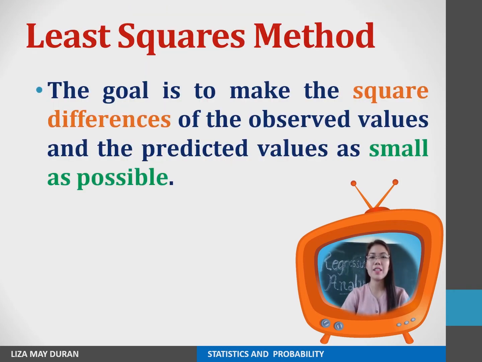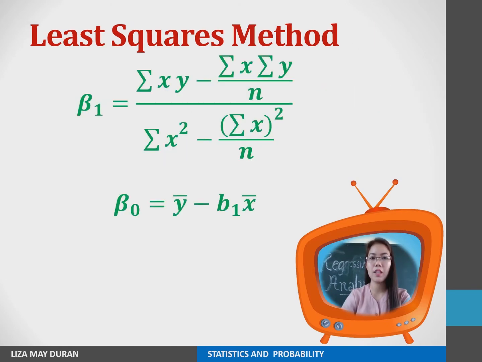To estimate the regression or simple regression line, we are going to use the least squares method. The goal for this method is to make the square differences of the observed values and the predicted values as small as possible. The least squares method is given by the following formula.